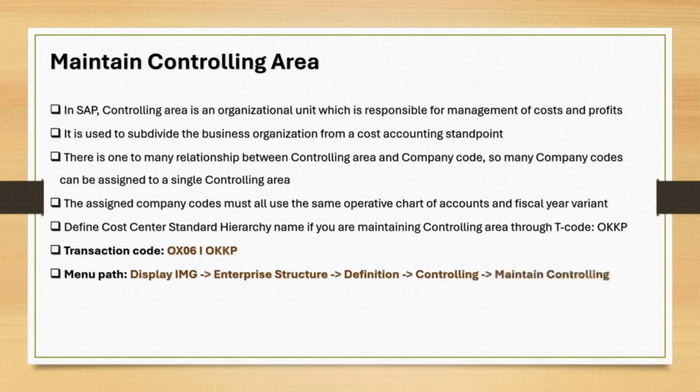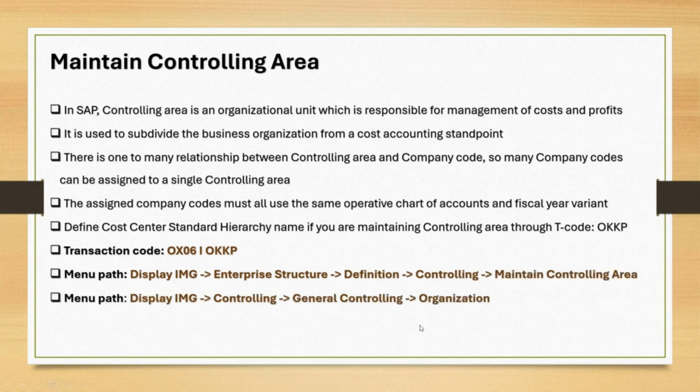My recommendation is to create the controlling area by using the transaction code OKKP, because we will have more options in that transaction code to configure. Even if you create the controlling area through OX06, you still have to come back to the transaction code OKKP to do the remaining configurations.